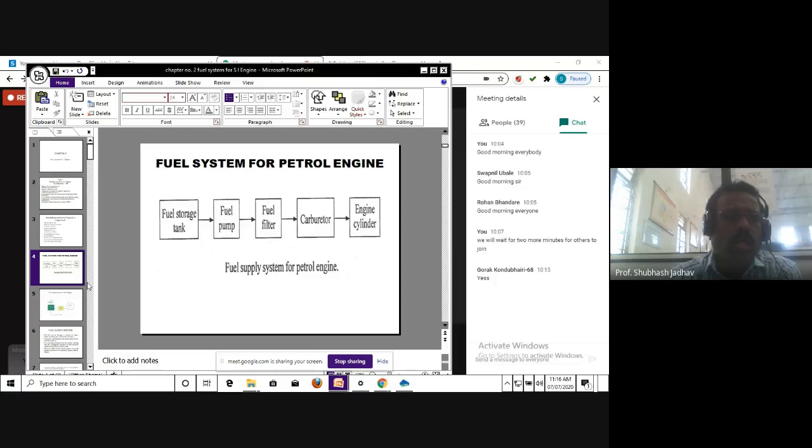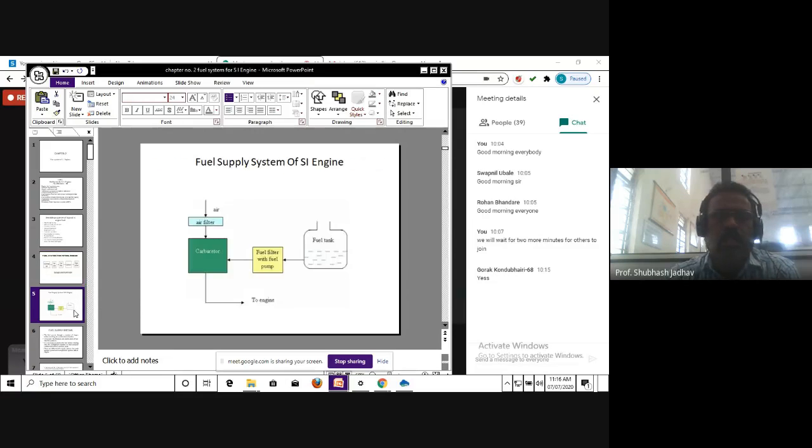So moving ahead, here it is shown, the same fuel supply system, but in a different manner. Earlier it was shown in a block diagram to indicate the different components. Here we are showing their locations compared to each other.